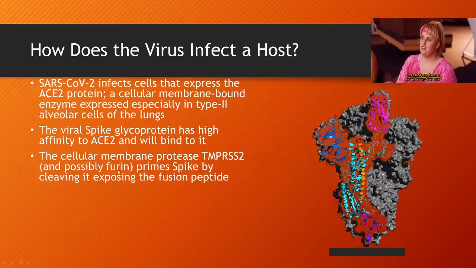I also wrote in parentheses here, and possibly furin. That's another protease, another enzyme that cleaves proteins, that has been shown to be very, very effective at allowing certain viruses to enter our cells. Some researchers showed that SARS-CoV-2 actually has a sequence within its spike protein that is shown to be a possible cleavage site for furin.